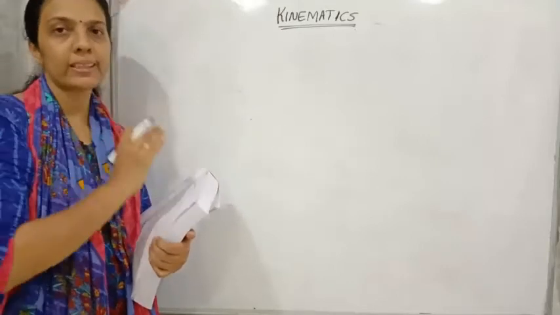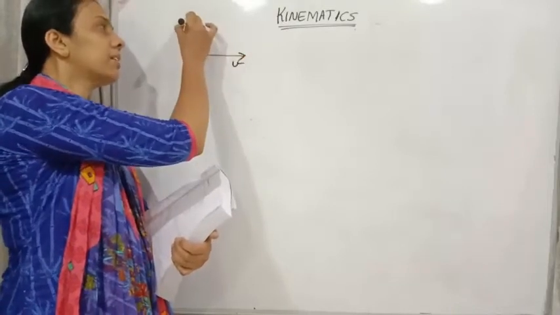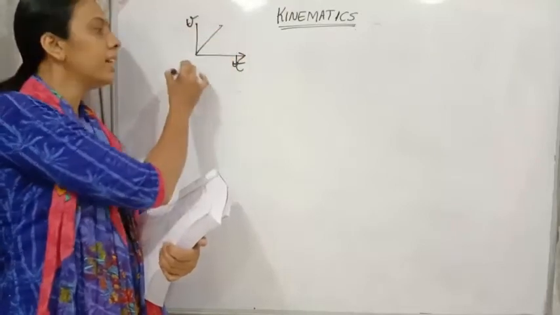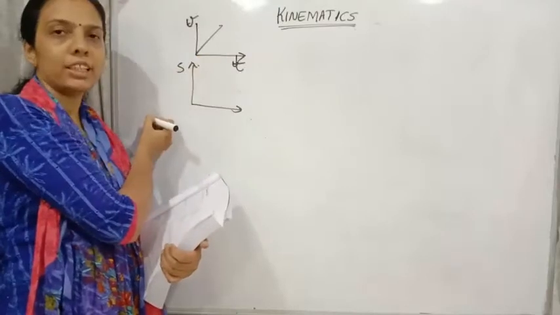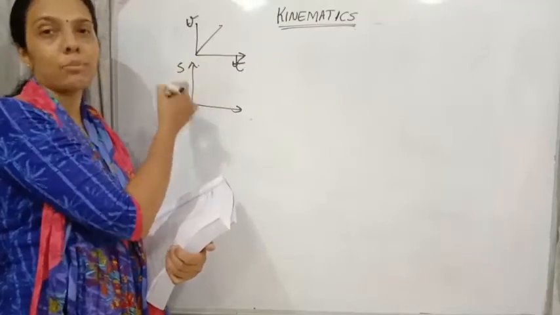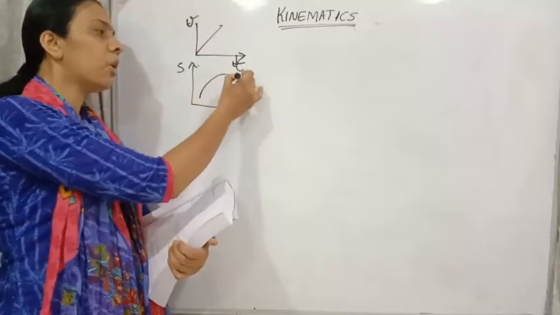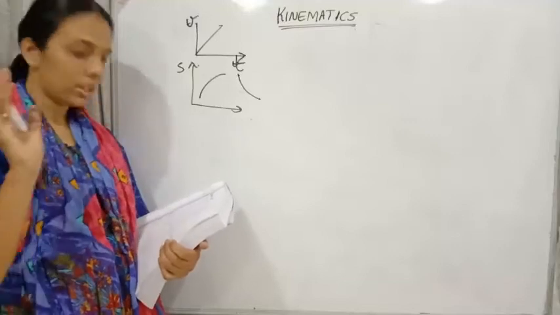It will be a straight line, like this. How about the displacement time graph for uniform acceleration? It will be like a parabola. It will be in a parabolic shape, either in this shape or this shape, any one we can assume, but it will be a parabolic shape.